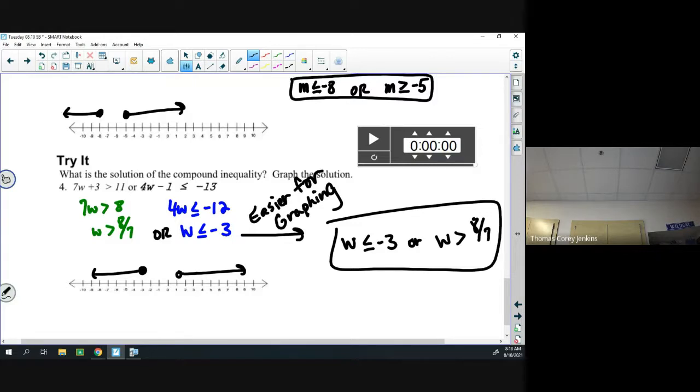I didn't have to flip it around, but I like to have my lower boundary kind of on the left and my upper boundary on the right. That wasn't necessary. I don't think you technically have to do that. With an and, you would. With an or, not necessarily. And then the little details on the graph. Notice that my left boundary is shaded and my right boundary is open.